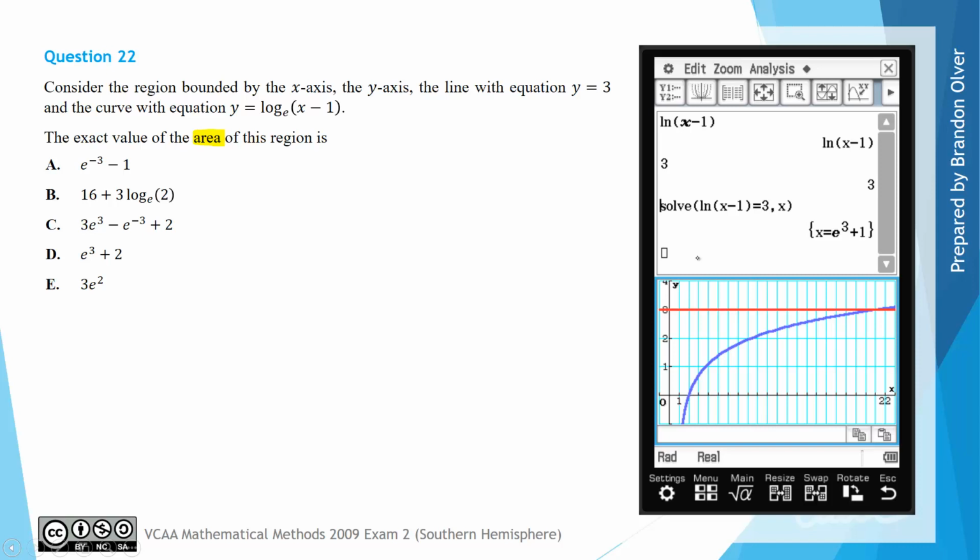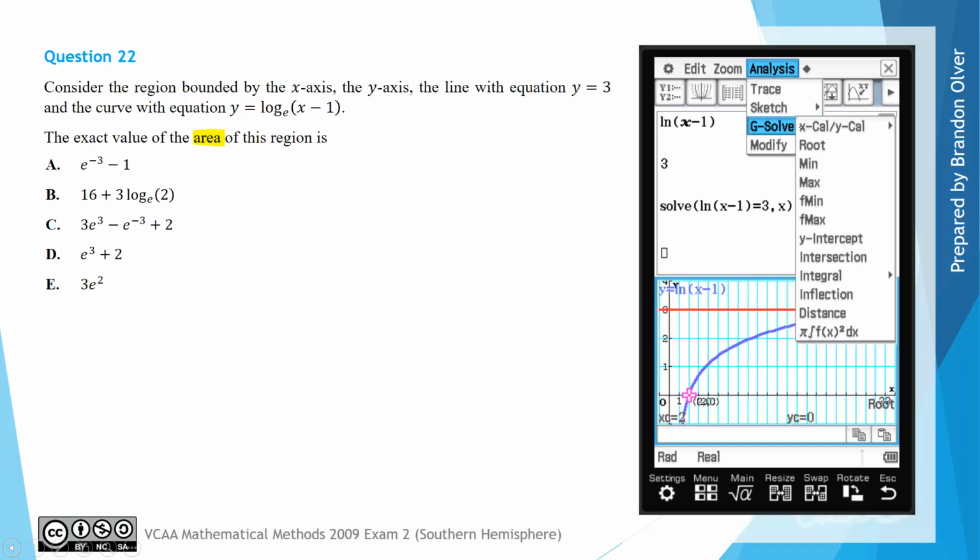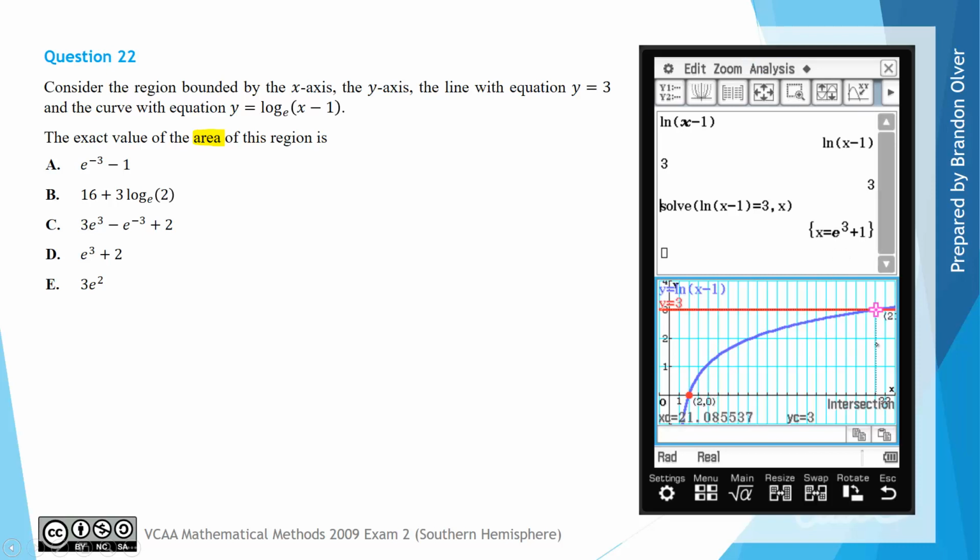So there we can now see the setup, and we can start to identify the region where the area is located that we're interested in. And now just to find a few more key features, we can go analysis gsolve root, and for the log curve that happens at 2, 0. And if we go analysis gsolve intersection between the two, then that occurs at 21.086, which is e cubed plus 1, and the y value is of course 3.